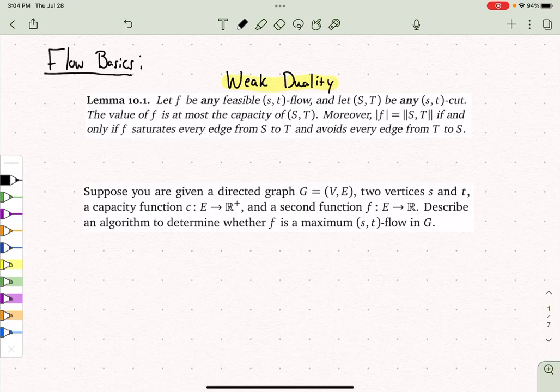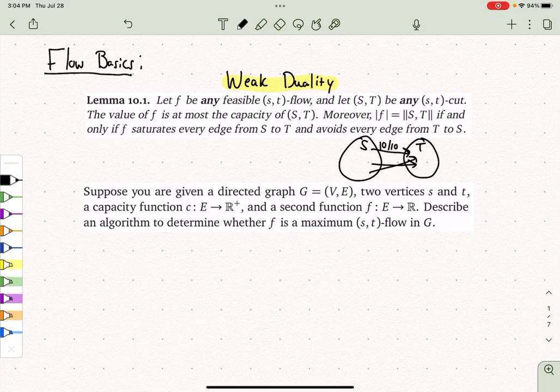In particular, if we drew this out, we have, say, our cut S and T, and we have a bunch of edges crossing the cut. We know that if F is a maximum flow and (S, T) is a minimum cut, then each of these edges has to be completely saturated.